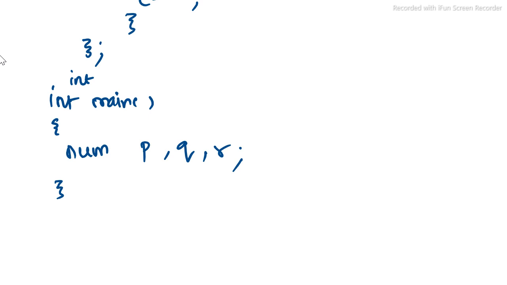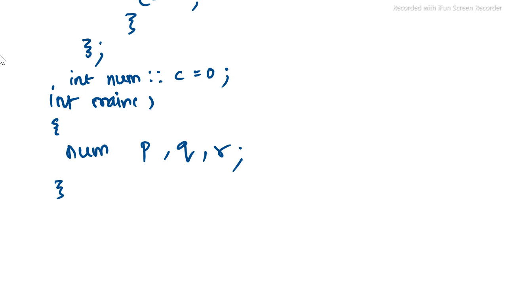After the class definition, we write int num::c = 0. That means c is a static variable defined outside the class. The syntax is return type, class name, scope resolution operator, then the static variable, and we have initialized it with 0. So the static variable is initialized, and inside the main function we have created the objects.